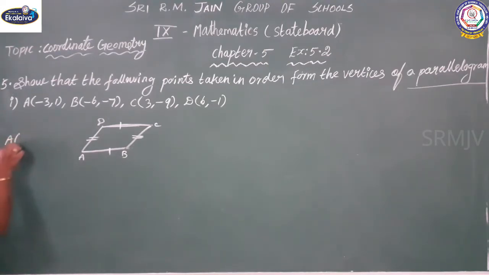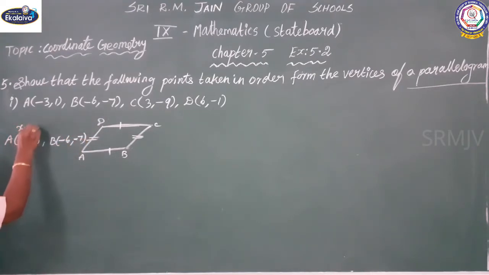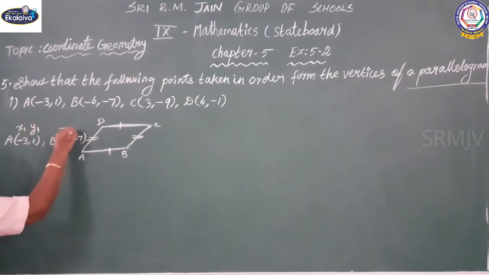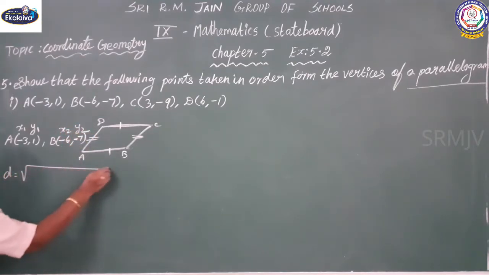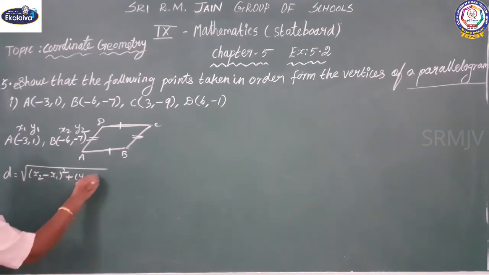Okay. So, write the coordinates of A minus 3, 1. And B minus 6 comma minus 7. So this is x1, y1, x2, y2. Okay. So the distance equal to root of x2 minus x1 the whole square plus y2 minus y1 the whole square. Okay.